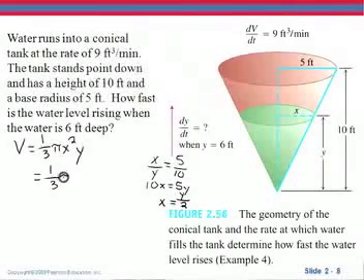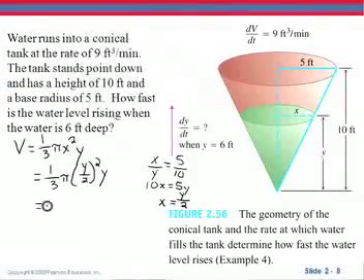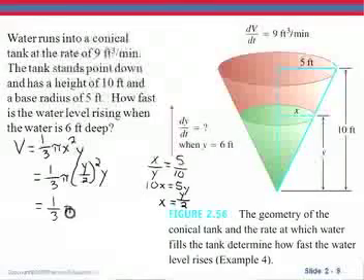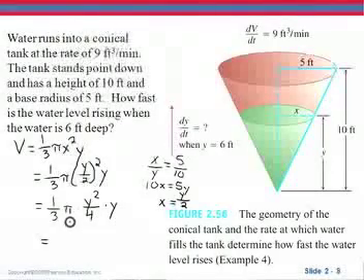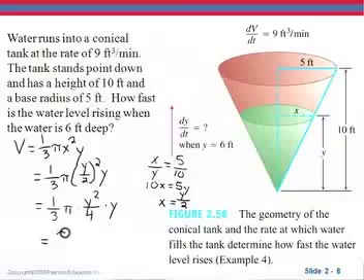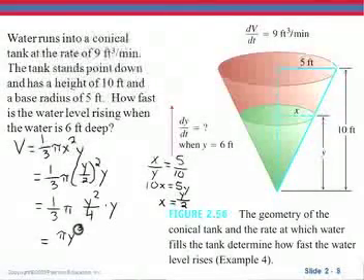So I will have 1/3 pi, and x is y over 2, and I'll square y over 2. That gives me y squared over 4. And multiply together here, I will have on top pi, and y squared times y is y cubed, and in the denominator 3 times 4 is 12.